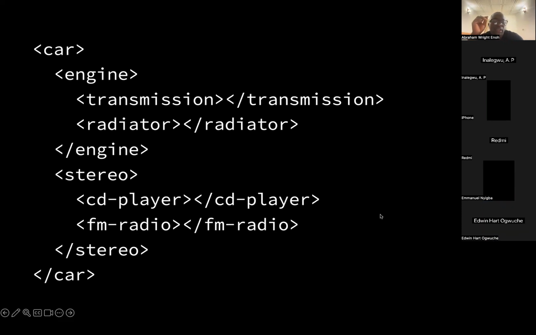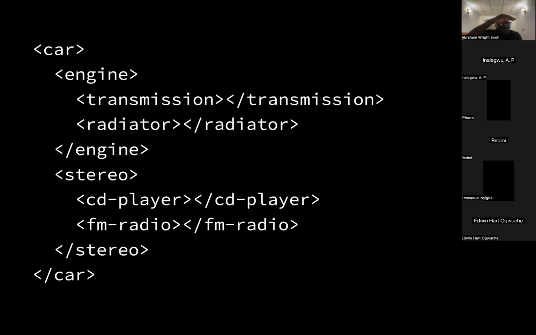So, you know what a car is. In a car, we have the engine. We have the stereo. In the engine, you have the transmission. I'm not saying that this is the only thing you have in a car. I'm trying to categorize them, right? You have transmission and you have radiator. All that section is in the engine section.